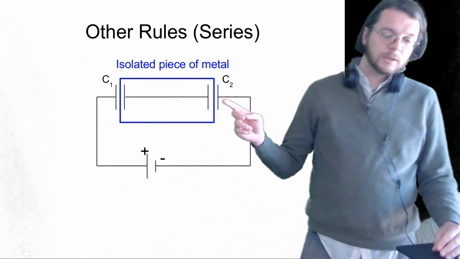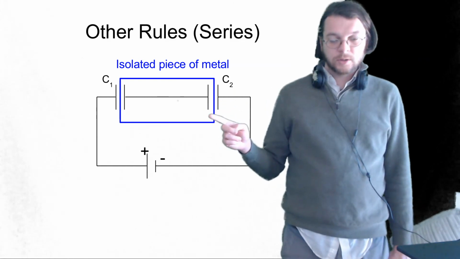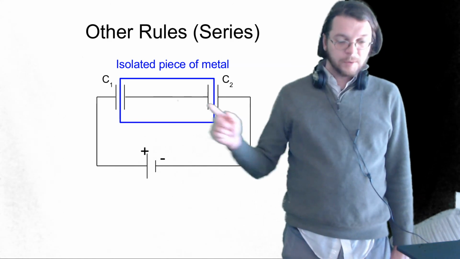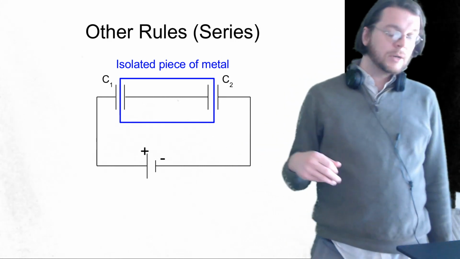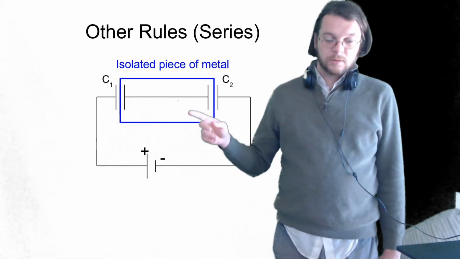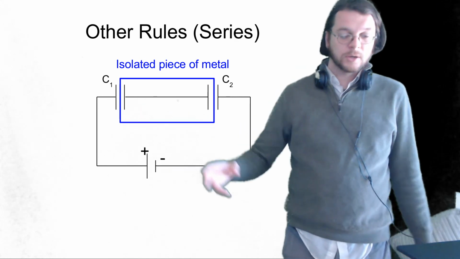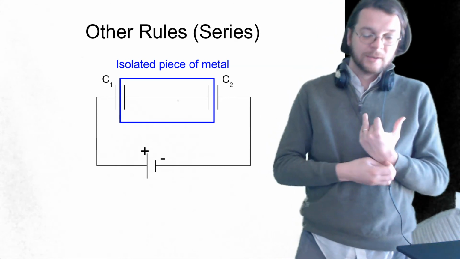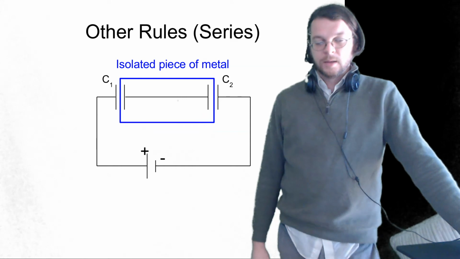One is that there's really no good reason why this should be charged up at all. So the total charge on this isolated piece of metal should be 0. You might have charge on this plate and charge on this plate, but they should add up to 0, because if initially this piece of metal was all charged up, it's probably about to explode. But under normal circumstances, there's really no good reason why this thing would be charged up.